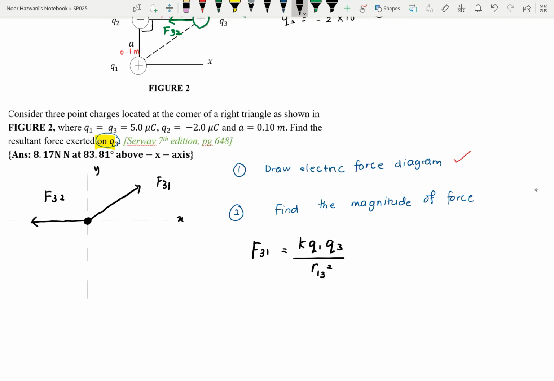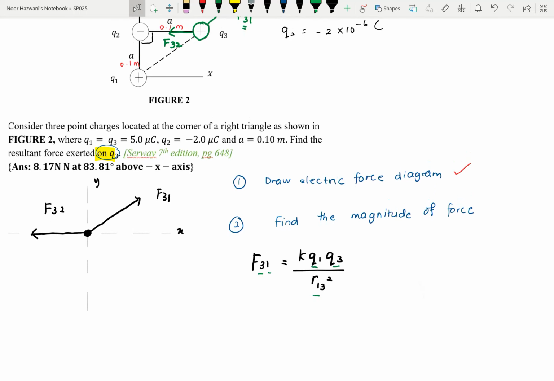Okay, since kita nak cari force 3, 1. So, you akan masukkan magnitude of charge 1, magnitude of charge 3. And then, you akan over dengan square of distance between charge Q1 and Q3. Okay, so, ini adalah distance yang sepatutnya you masukkan. Okay, tapi kita tak ada nilai lagi.